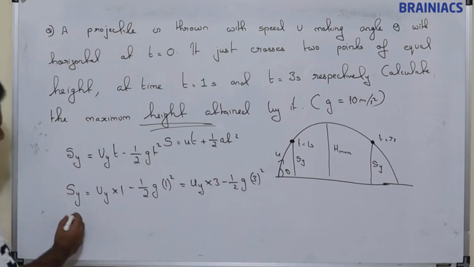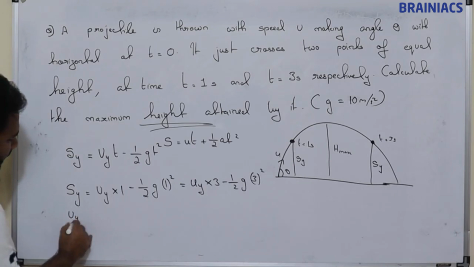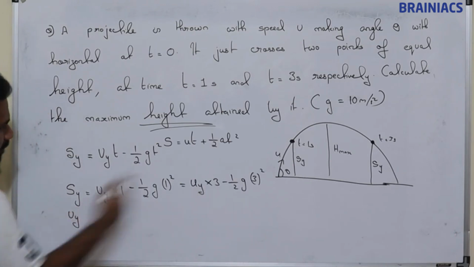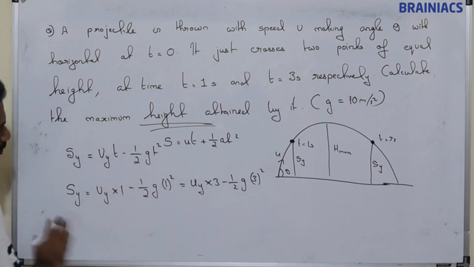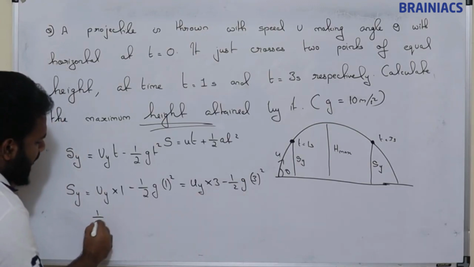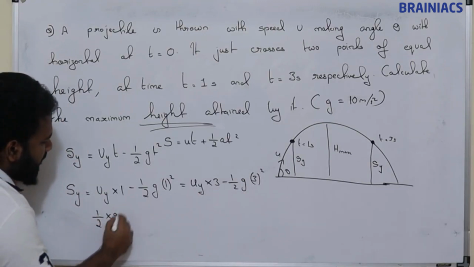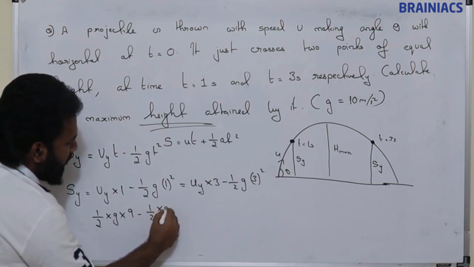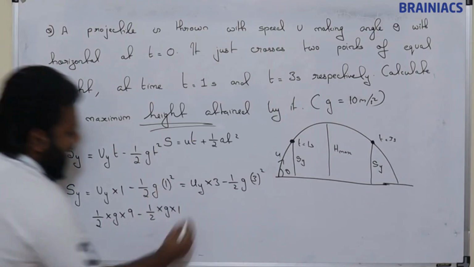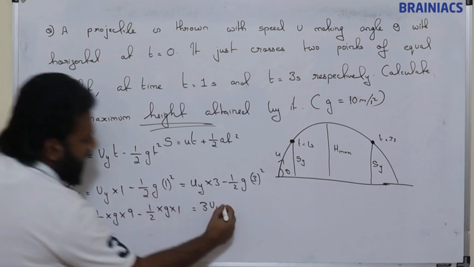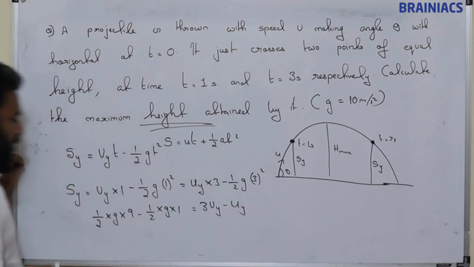So what we can do, this side we can bring that one to the other side. So half into g into 9 minus half into g into 1 is equal to 3uy minus uy.